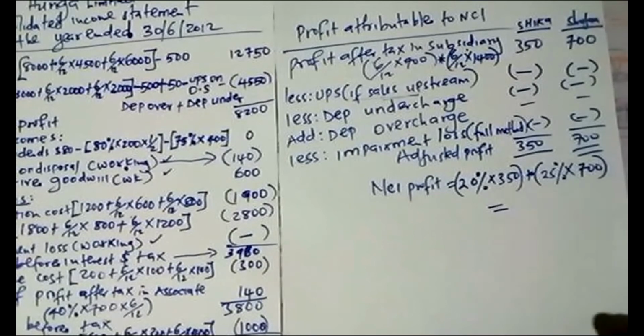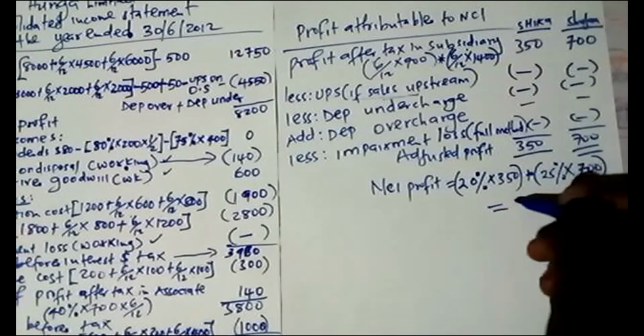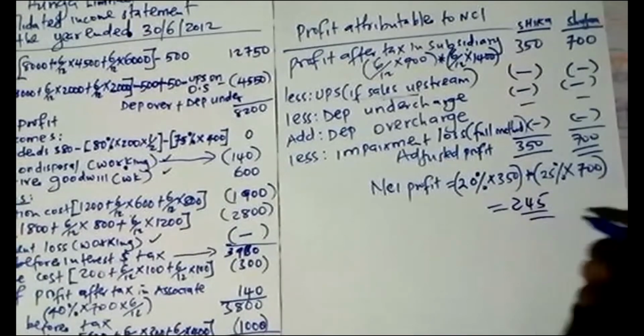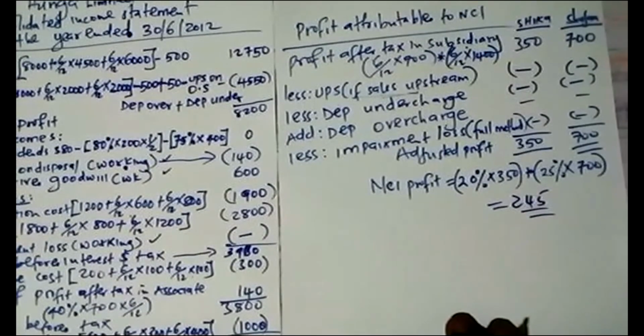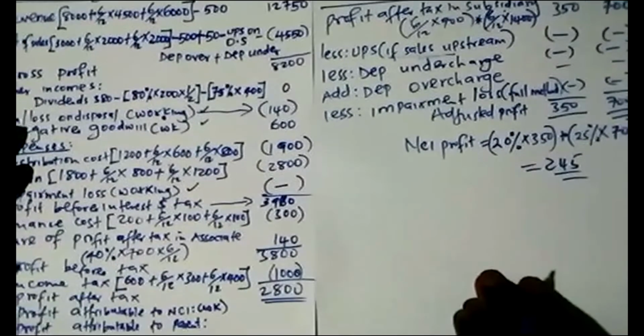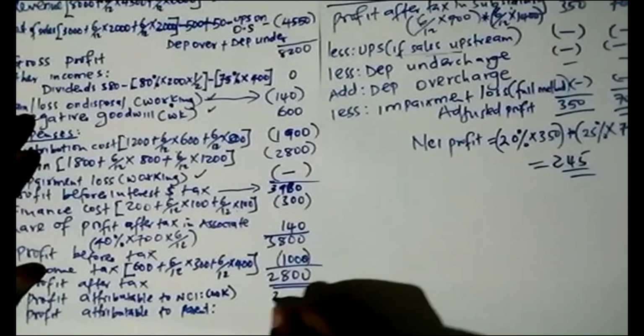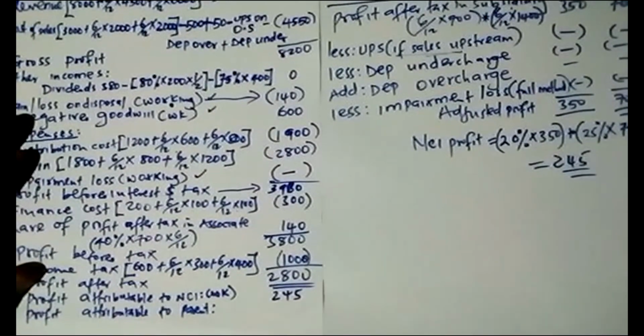So here we have to compute. So using my calculator, I'm getting 245. So here is 245, profit attributable to NCI.